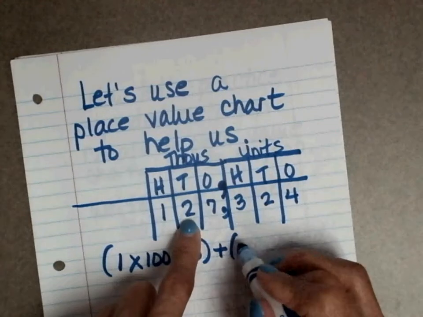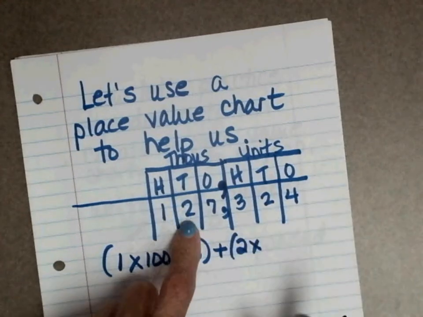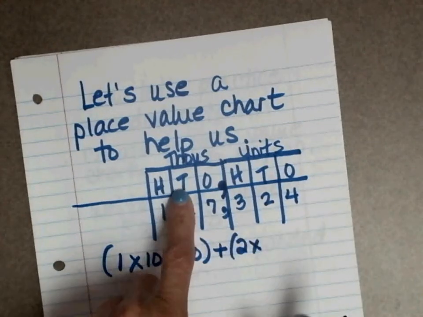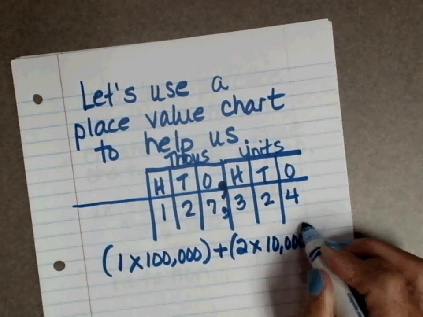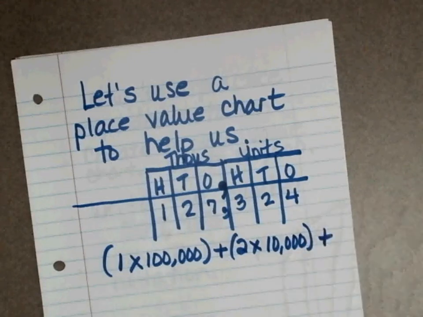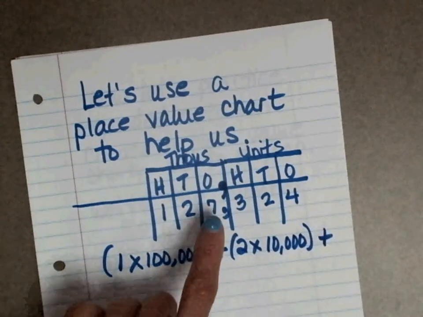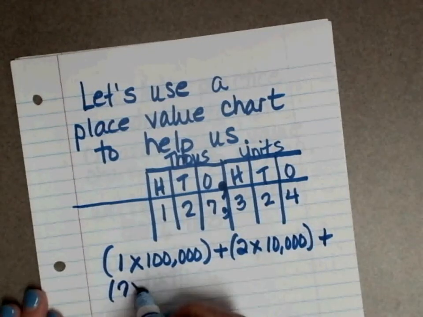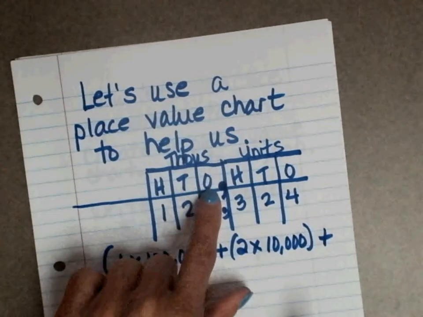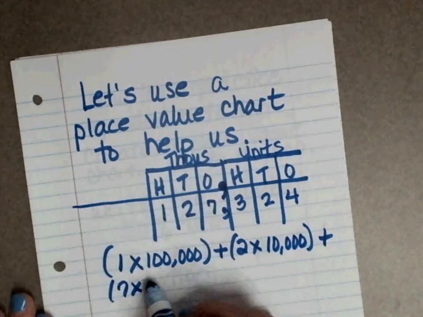Let's look at the digit 2. So we're going to multiply the digit 2 times the place value position. It is in the 10,000, so we're going to multiply it times 10,000. And again, plus sign. Next digit is a 7. The 7 we're going to multiply times what? 1,000.